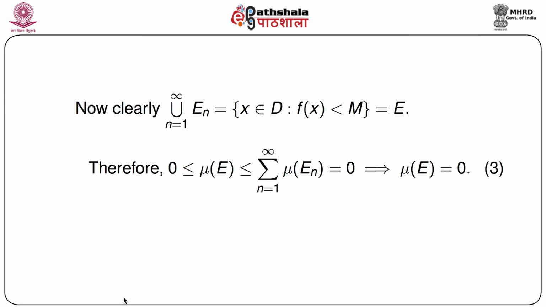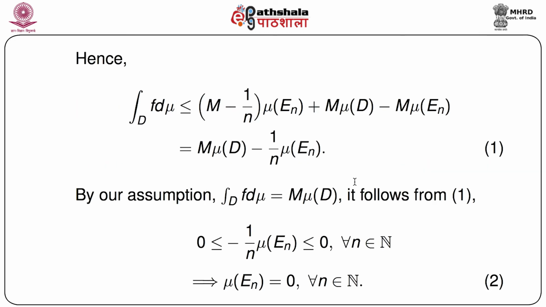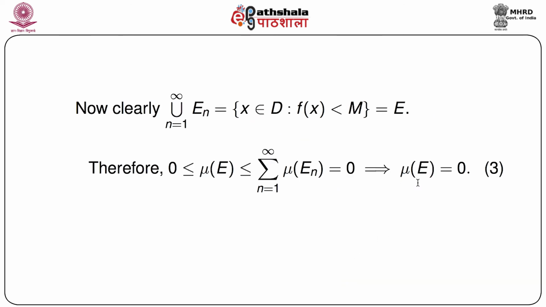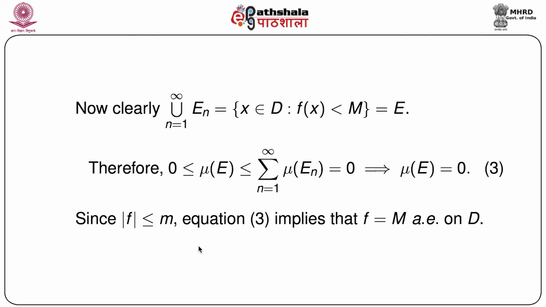Now, clearly the union of E_n for n equals 1 to infinity is nothing but {x belongs to D such that f(x) < M}, which we call E. Therefore, 0 ≤ μ(E). Now, E is the union of E_n, so it is again less than or equal to the summation for n equals 1 to infinity of μ(E_n). That is the property of a measure, which is equal to 0, since we have just proved that μ(E_n) equals 0 for every n.